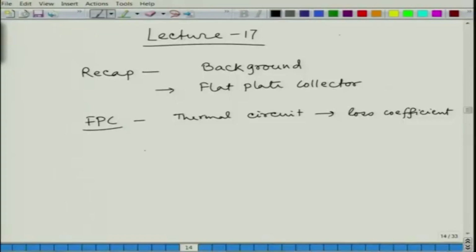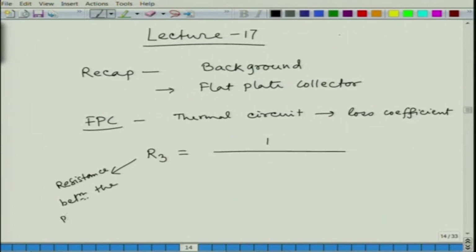We stopped where we had derived the expression of the thermal resistance R3. R3 is the resistance between the plate and the collector cover 1.